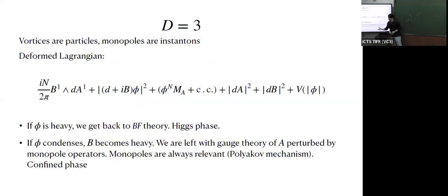Vortices are associated with the scalar field phi here, and it carries unit gauge charge coupled to B. Introducing monopoles means adding monopole operators to the action. And the fact that you have to multiply the naive monopole operator by the nth power of phi is a reflection of the fact that the monopole operator of A carries n units of gauge charge, and you can compensate it by dressing it with the vortex.